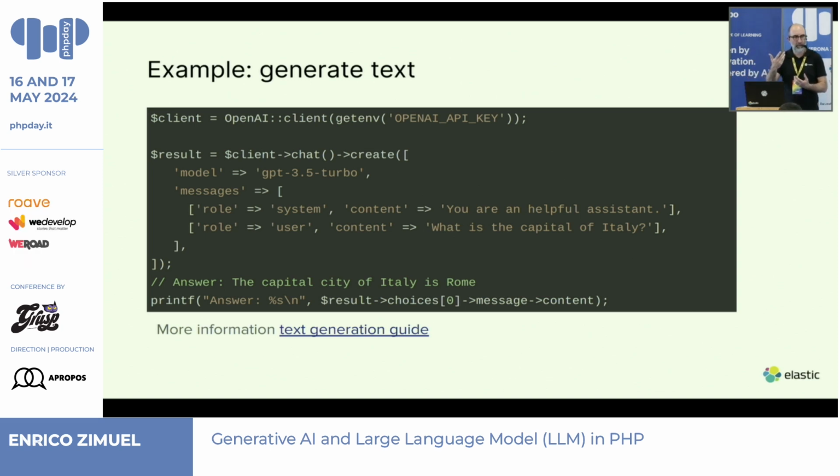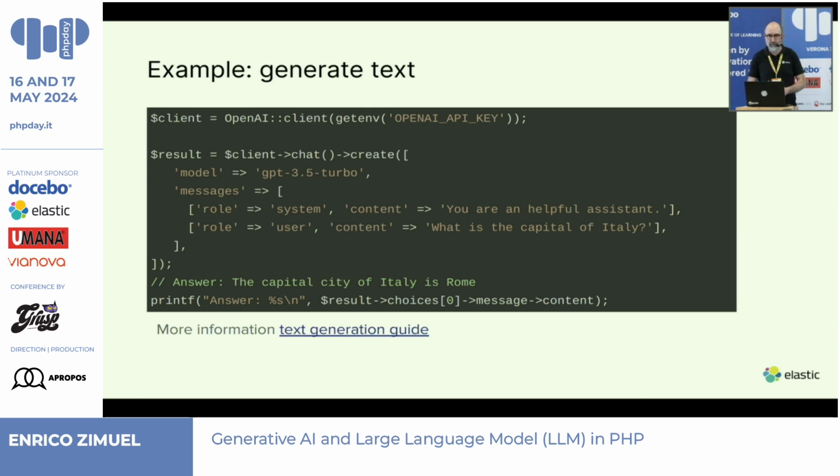This is interesting. So basically I can inform the model how it should behave. In this case, I'm saying with the role system, so I'm talking to the LLM, you are a helpful assistant. It's like giving the introduction of the discussion. You have to be a helpful assistant.